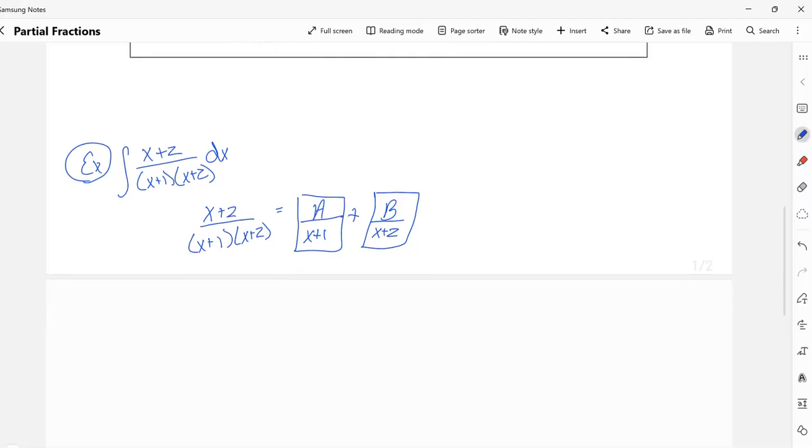It's going to be an ln. So how would we find that system and set that up? Well, we're going to find the least common denominator. This fraction is going to be multiplied by x plus 2 over x plus 2.